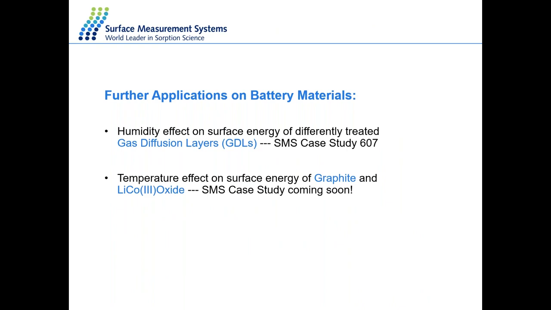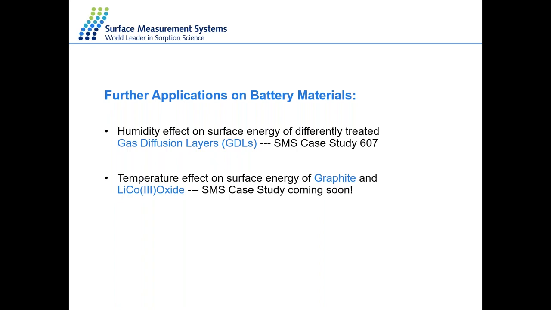For example, we have different treatments on the gas diffusion layer, and we want to study the humidity effect on the surface energy. And recently, we're going to publish another case study about the anode and cathode materials in lithium batteries for the temperature effect on the surface energy. If you're interested, we are happy to share those publications or case studies with you after the meeting.